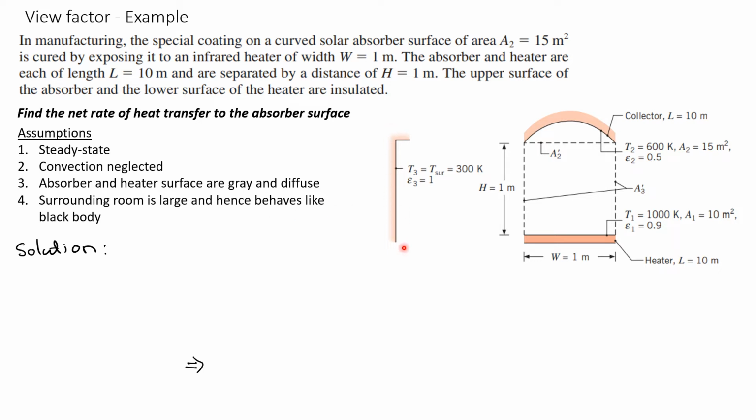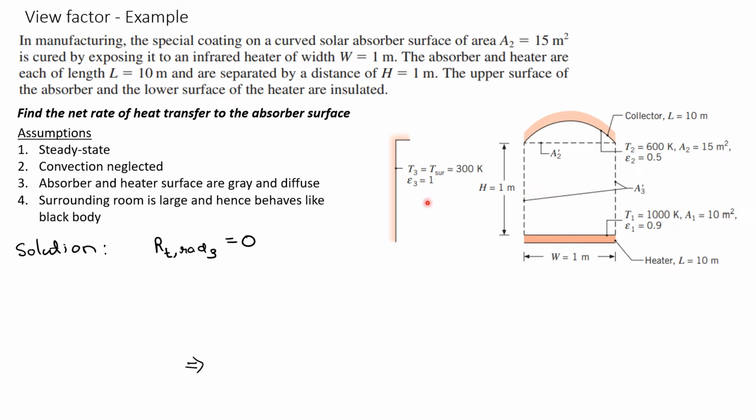If we have a larger area, the denominator gets large, and our surface resistance becomes zero, and we can assume that the surface is a black body. So that gives us the surface radiation resistance equal to zero.